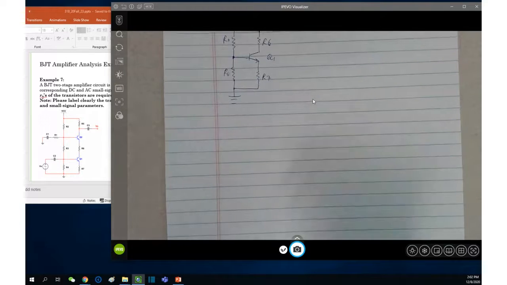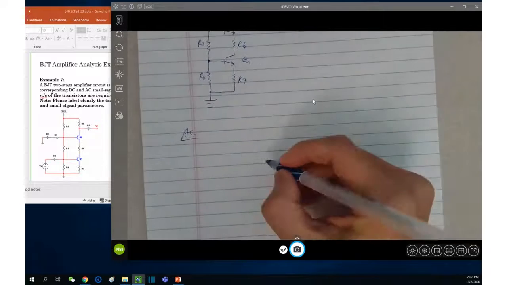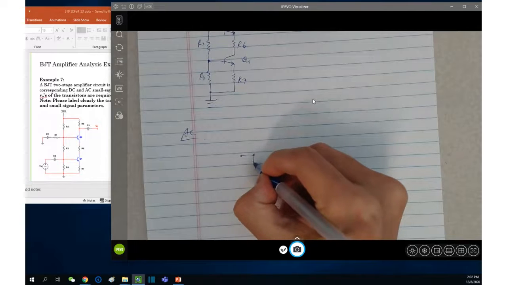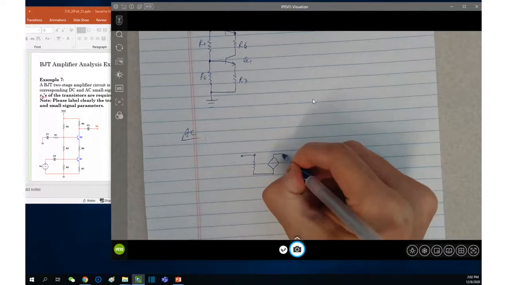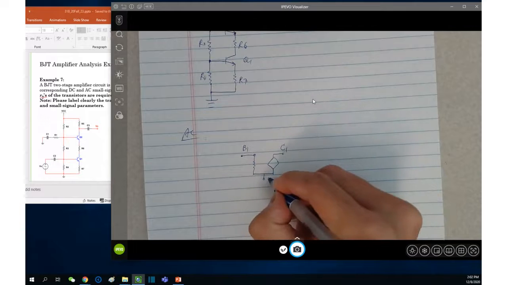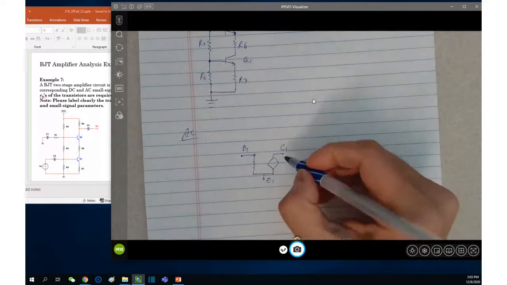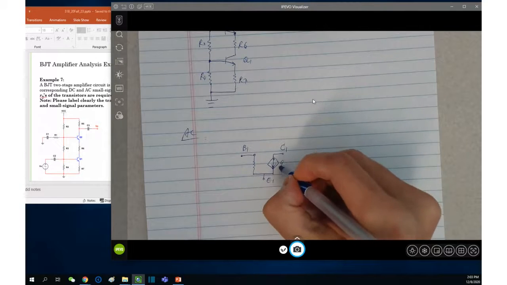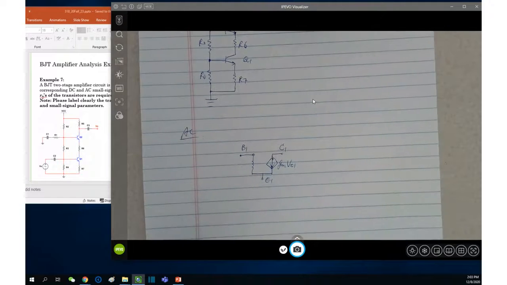For the AC circuit, what do we have? Once again, we begin with 2 small signal models. And obviously we need to realize both Q1 and Q2 are NPN, right? So the current direction is downwards. GM1 V pi 1. Does it make sense?